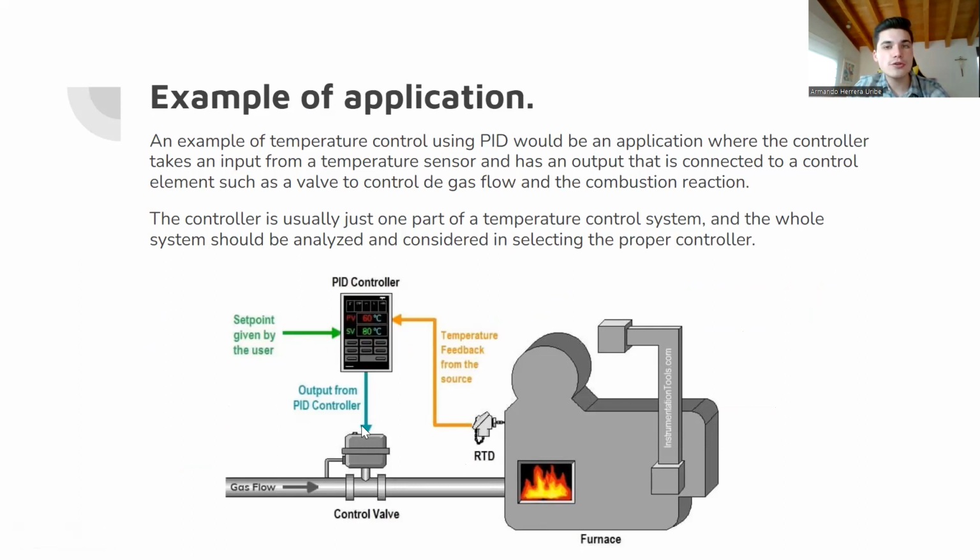Depending on the feedback that will be sent from the furnace, more specifically the temperature, the PID controller will compare it to the set point given by the user and make any adjustment to the gas flow to the furnace. This allows changes to the combustion reaction and hence changes the temperature, moving it towards our set point.